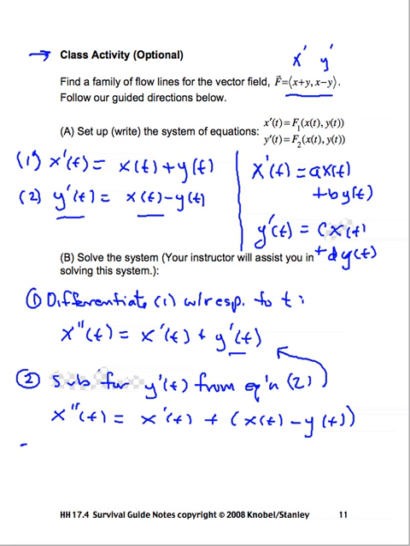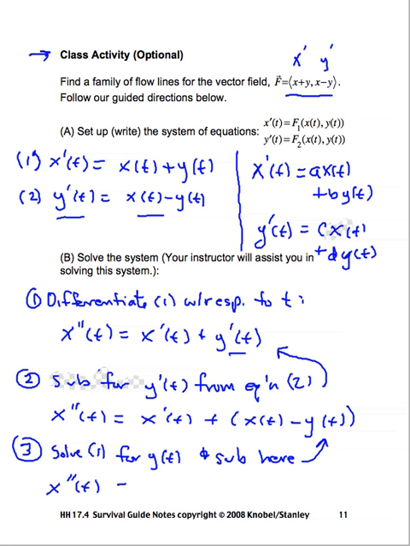And then number 3, I'm going to solve equation 1 for y of t and sub here. So what that's going to give me is x double prime of t is equal to x prime of t plus x of t.